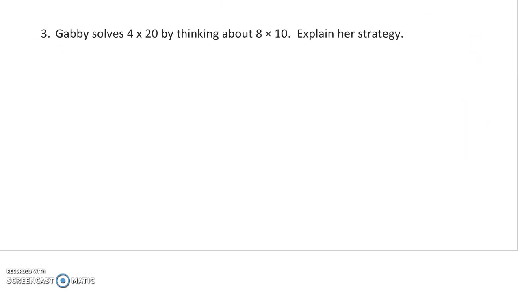All right. Gabby solves 4 times 20 by thinking about 8 times 10. Explain her strategy. So we're looking for you to apply what we just did above. So let's write our problem. 4 times 20 is equal to what? Well, let's break this 20 into an easier fact. So we've got 4 times, what's an easier fact for 20? 2 times 10, right? We want to get a 10 in there.